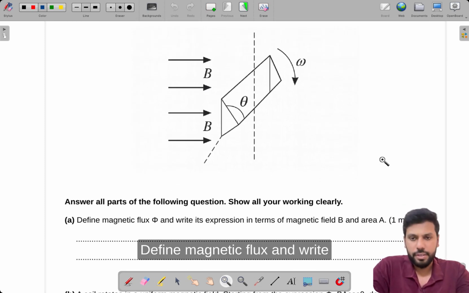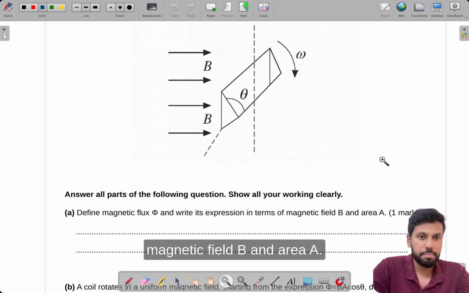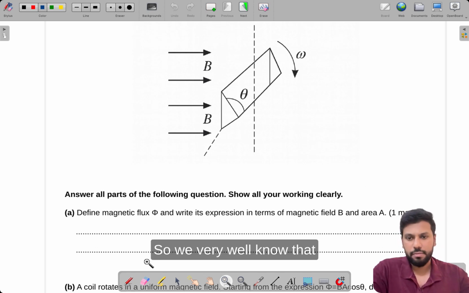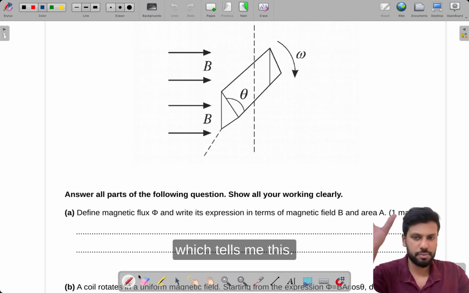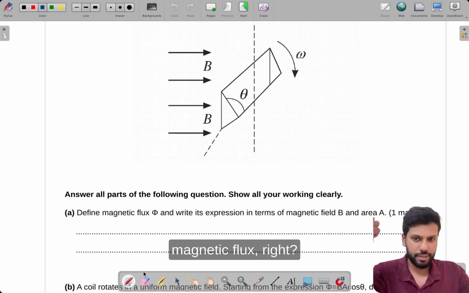Define magnetic flux and write its expression in terms of magnetic field B and area A. So we very well know that we have a formula which tells me this. We have a formula that talks about magnetic flux, right?